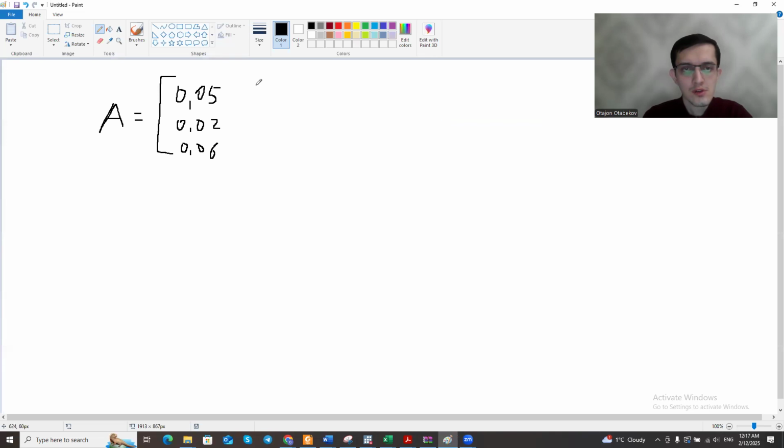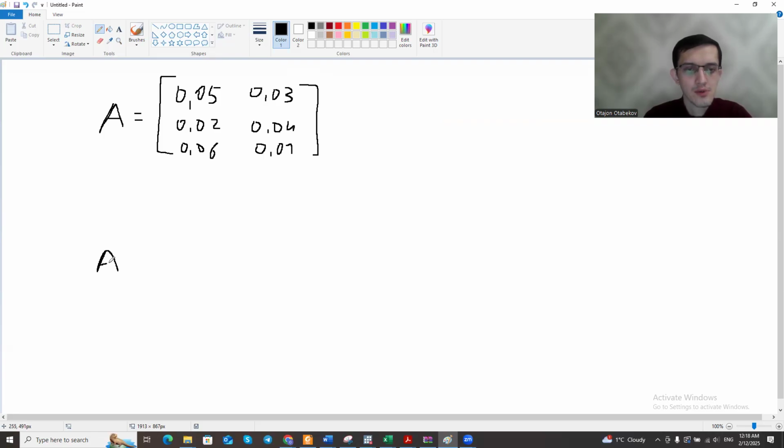The second column, 0.03, 0.04, 0.01. Okay, we have matrix A, and our first task is to find the transpose of the matrix A.